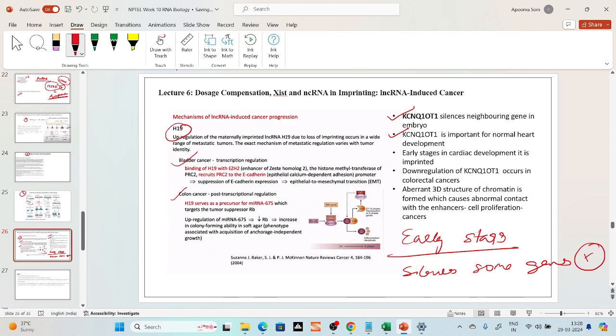And when this silencing is stopped, all the genes that had to be silenced are getting expressed. So what happens because of that? There is aberrant 3D structure of chromatin, which causes abnormal contact with the enhancers, and therefore cell proliferation occurs, and therefore cancer occurs.